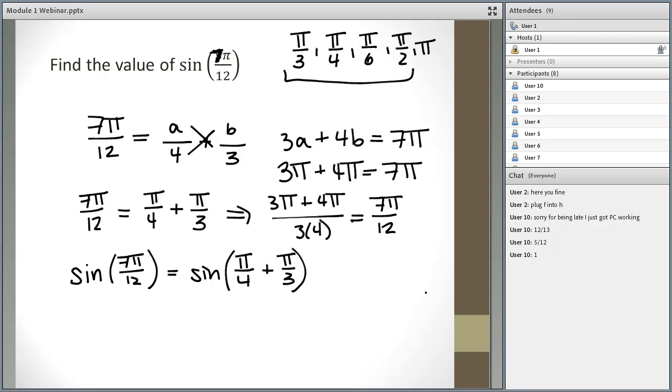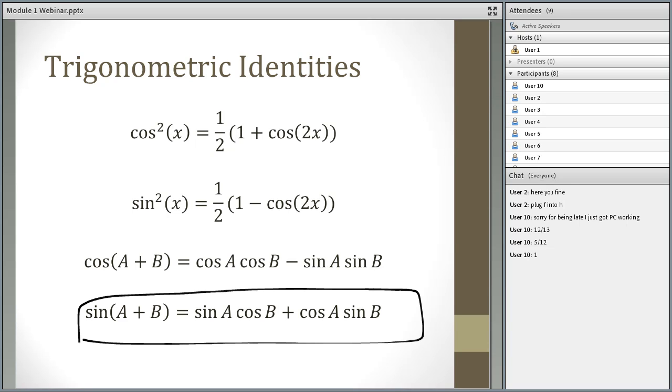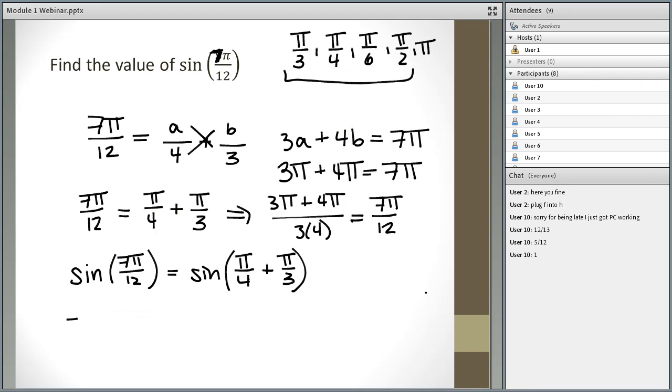Going back to our last page for a minute, I can use this identity where I have sine of a plus b, so a in our case would be pi over 4 and b would be pi over 3. And if you wrote it in reverse order, it still works out the same way. So I have sine a cosine b, so sine of pi over 4 times cosine of pi over 3.